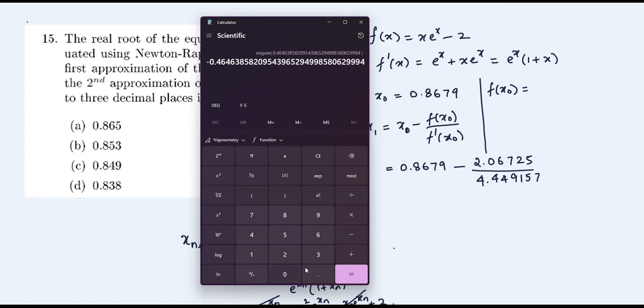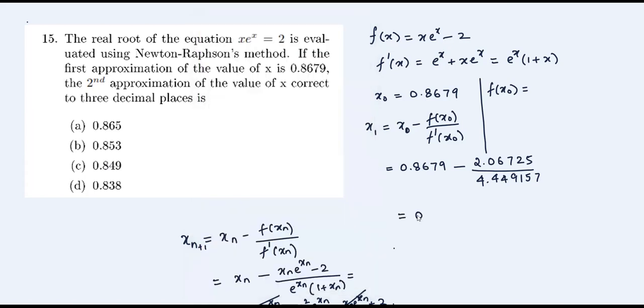Okay, I negate it, plus 0.8679. So we get 0.40326. You're not getting.